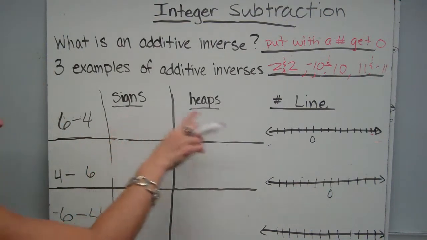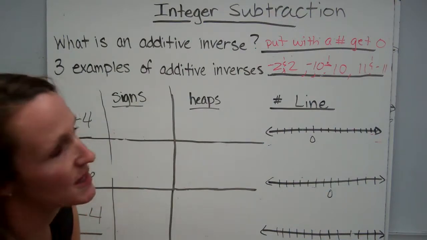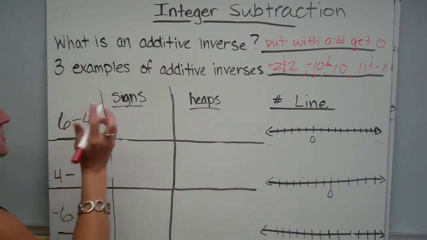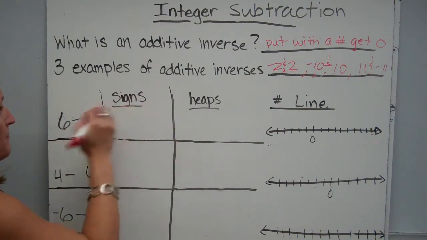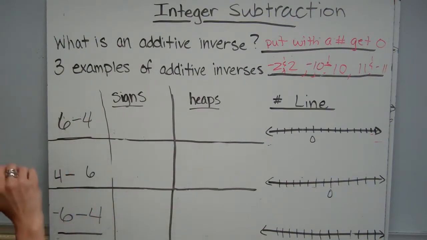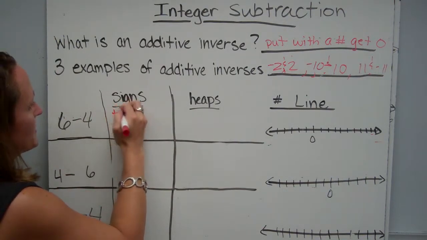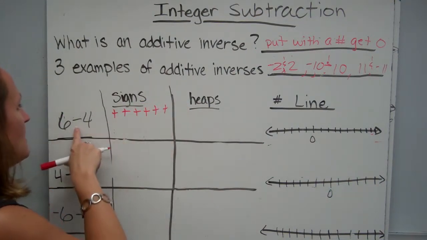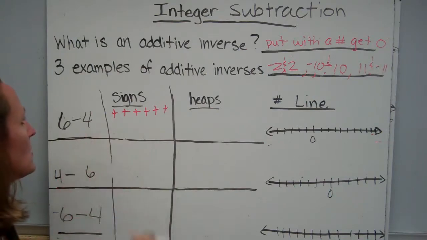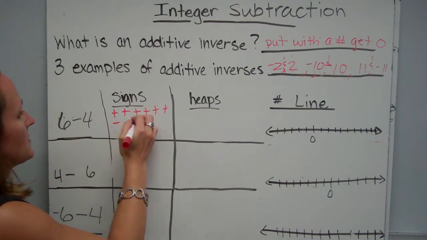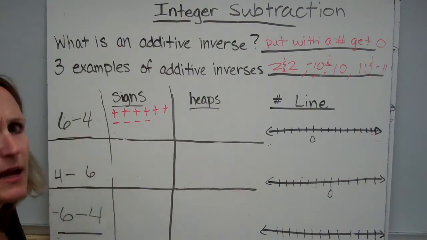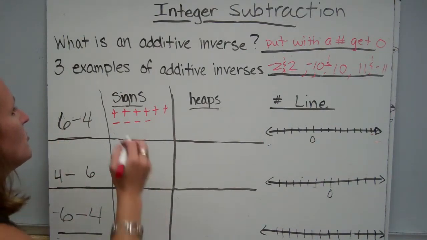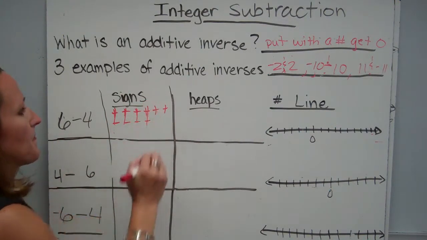Let's try it first. Heaps, holes, signs, lines, just like yesterday. So first, if we have 6 positives, I'm just going to write this up here. And we get rid of 4 negatives, because -4 is kind of the same as -4. You know we end up with +2, right?